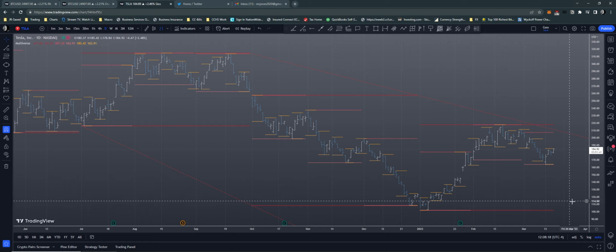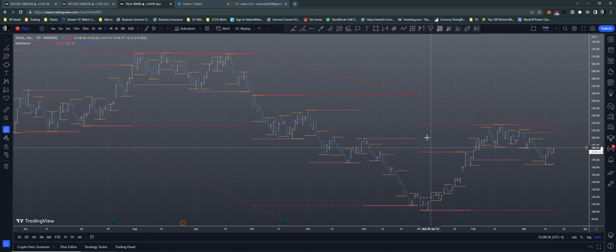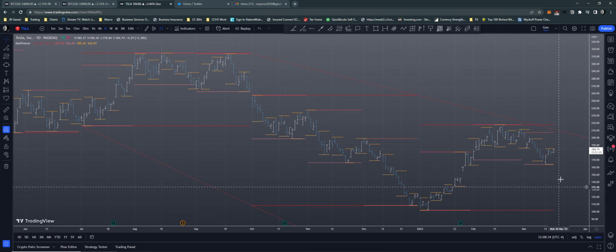Okay, this would be the quarterly. This is a completed quarterly from Q3 of 22. This is your completed Q4 of 22, and we're still developing Q1 of 23 here.